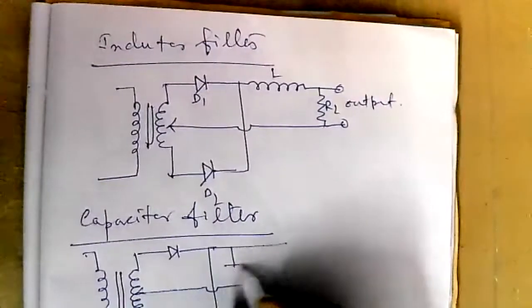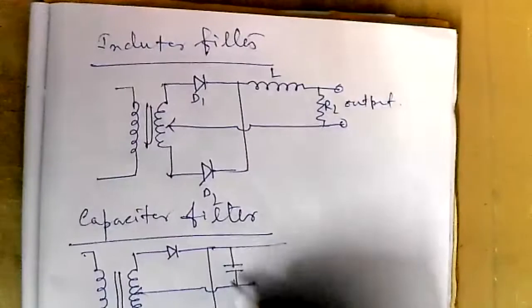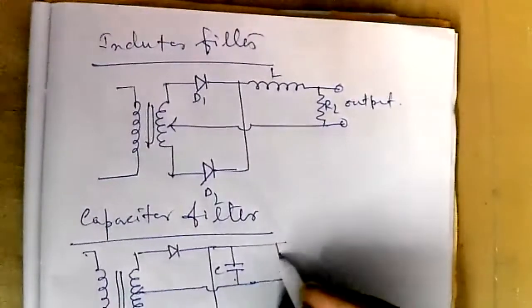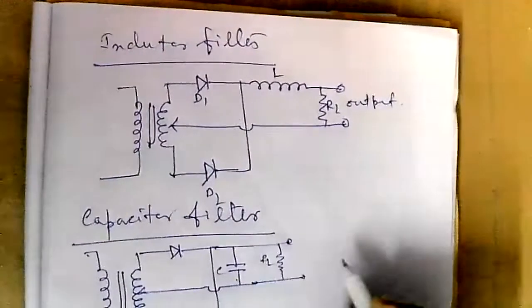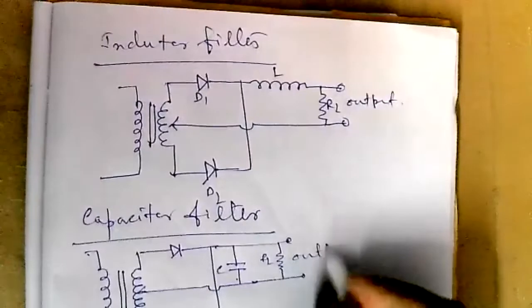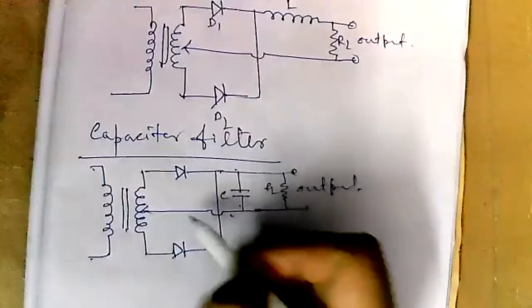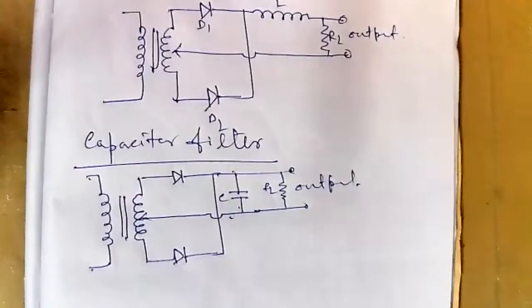So here we will use one capacitor. The AC component will pass through this capacitor, which is connected in parallel, and only the DC component reaches the output RL.